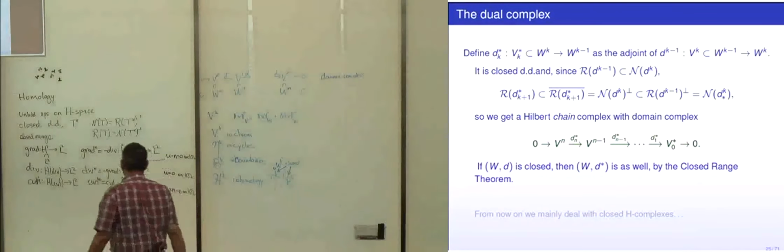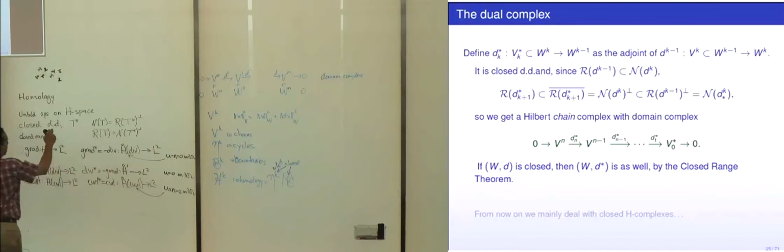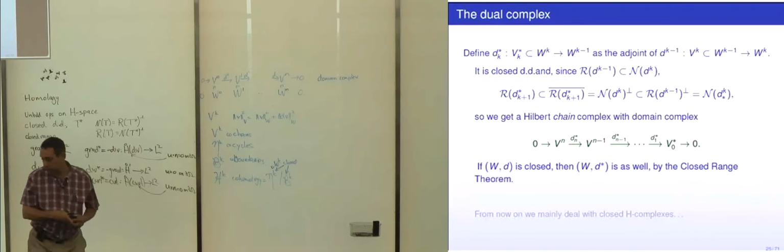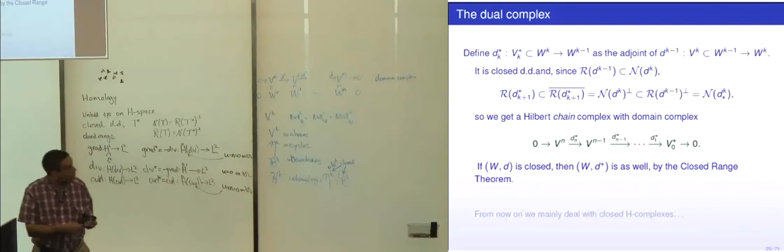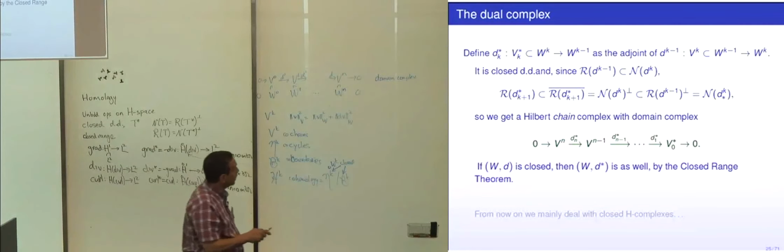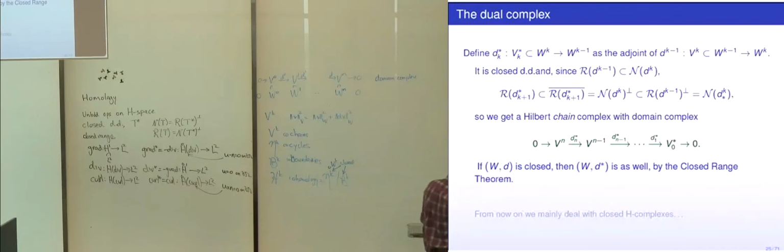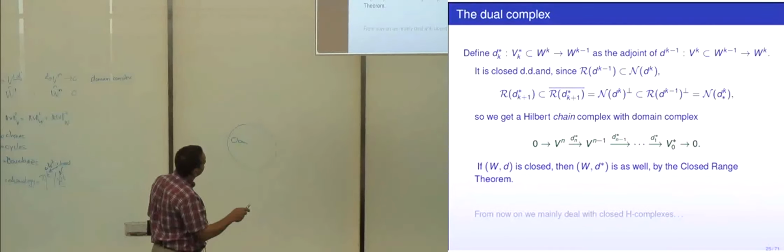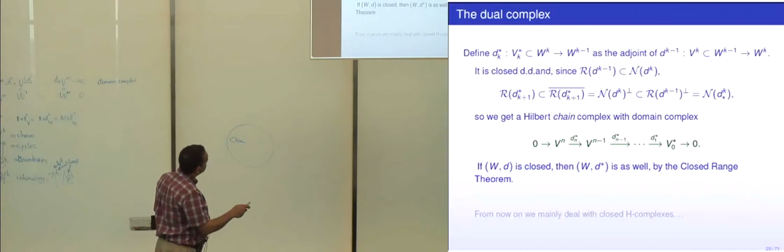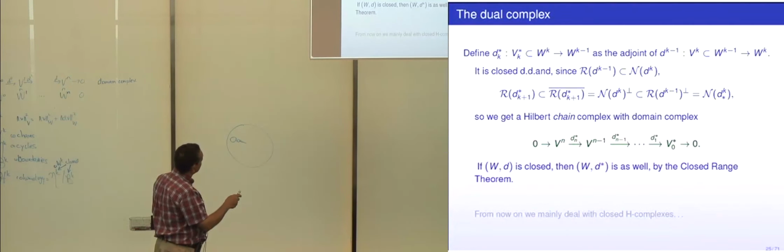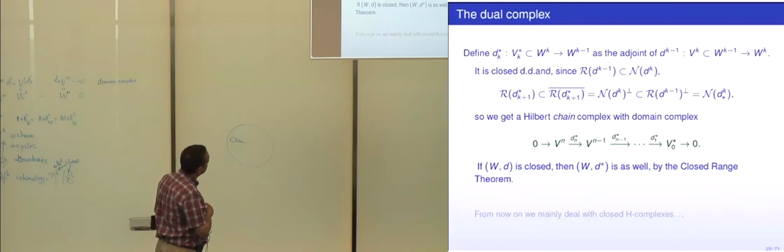Okay, so one of the main things we do with closed densely defined operators is take their adjoint. So if D goes from W^(k-1) to W^k, D star goes from W^k back to W^(k-1), and it has its own domain, V star k, and it's also a closed densely defined operator.